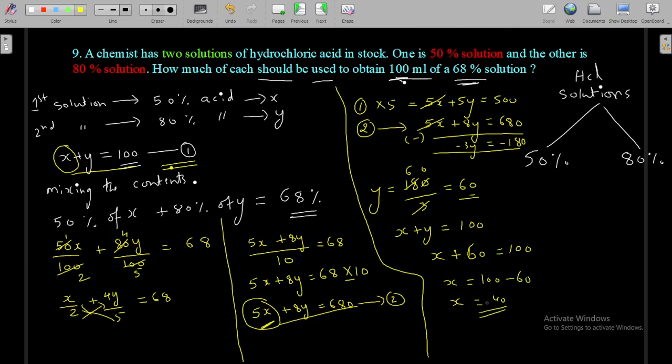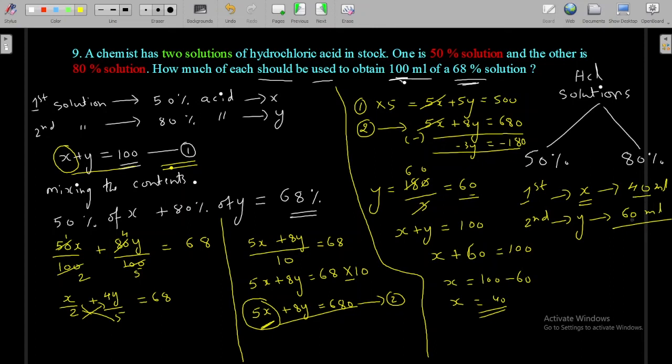So here the two values are: the first solution, that is our x, is how much? It is 40 ml. Our first solution x is 40 ml and our second solution, that is y, is equal to 60 ml.